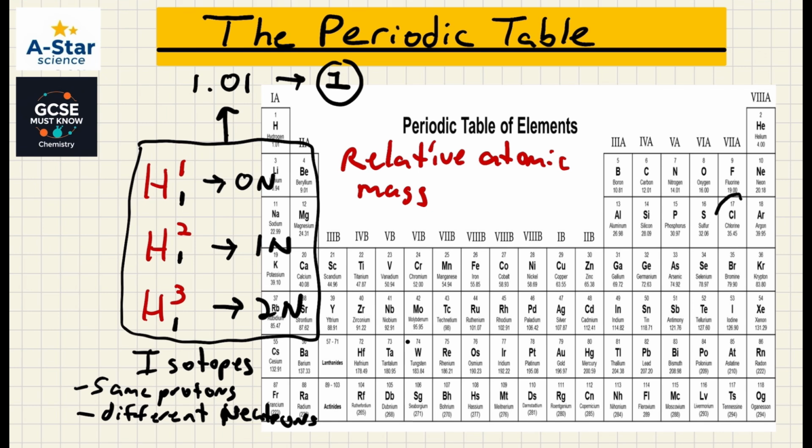Chlorine provides a good example of this because chlorine here doesn't have a whole number. It's 35.5. And that reflects that chlorine has different isotopes.